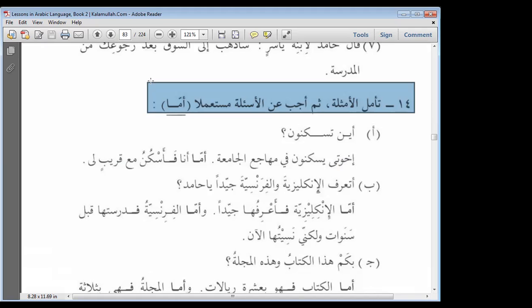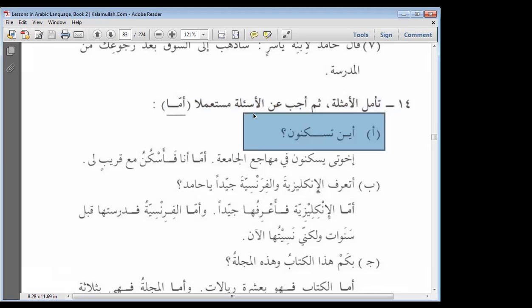So we're going to use the particle amma, which is like a conjunction used in a particular context. We will look at the examples and you'll see how it is used. So we have: ayna taskunun, where do you all live?